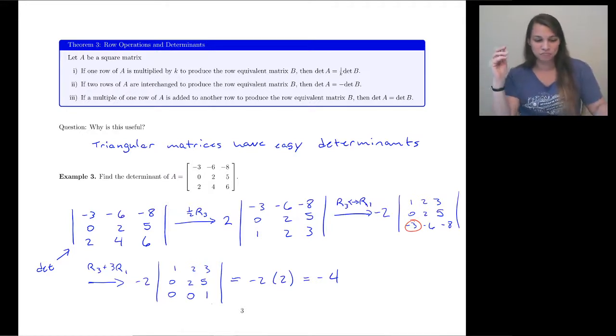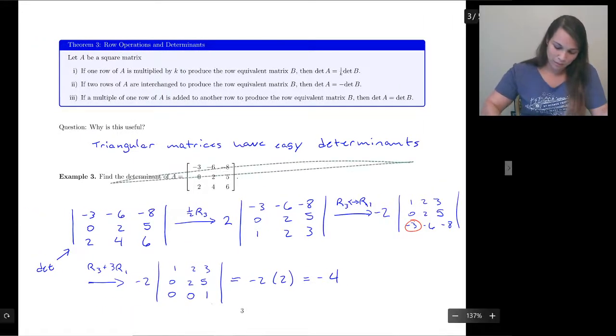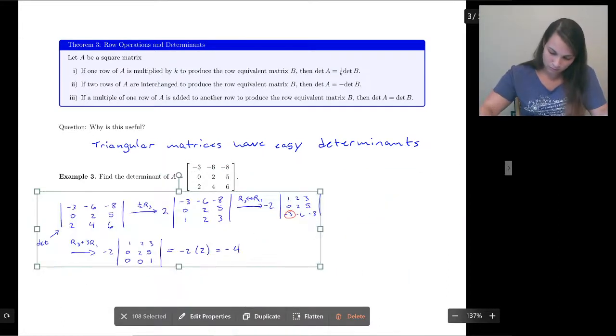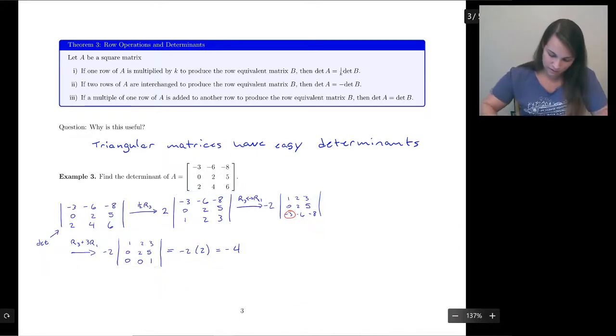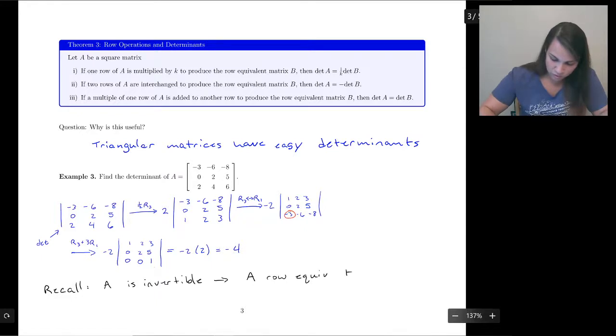Here, I can give myself a little bit of space to write. I'm going to write in black. I'm going to say, recall that if A is invertible, aka it has a unique solution, then A is row equivalent to the identity matrix.